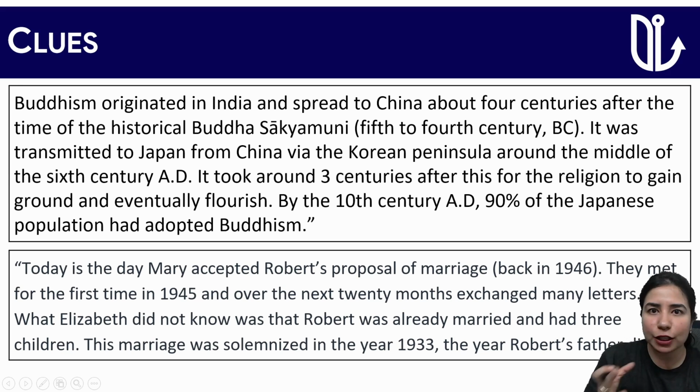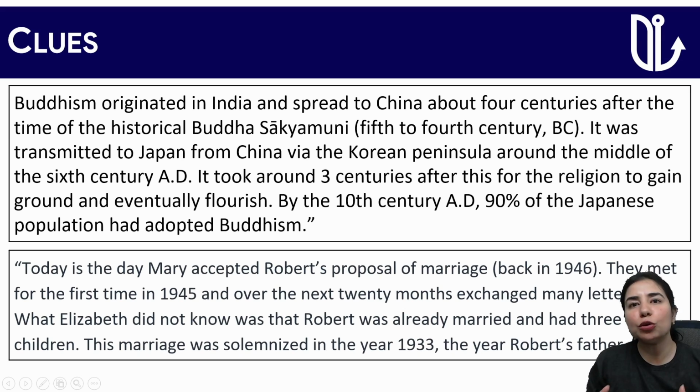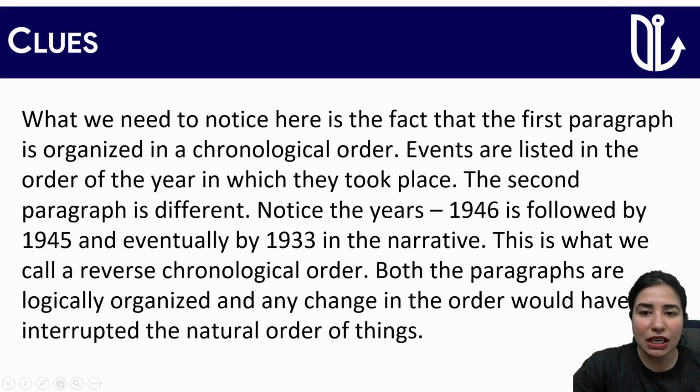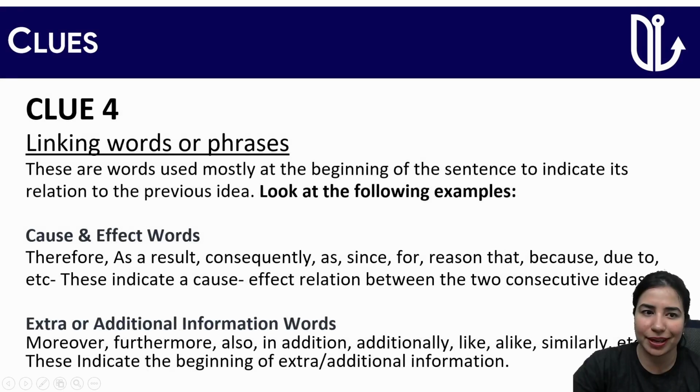It can be either way, 1, 2, 3, 4, like it happened in the previous one, or 4, 3, 2, 1, like it's happening in the second one. Both can be considered, right? But don't worry, you'll have just one of the possibilities exhibited in the ParaJumbles. So this we have already discussed: chronological order is sequential, and reverse chronological order is the vice versa, right?